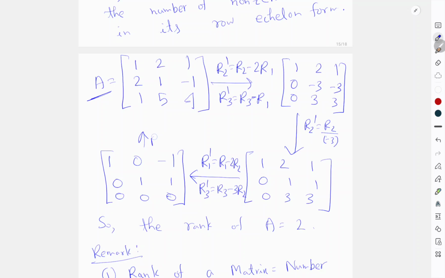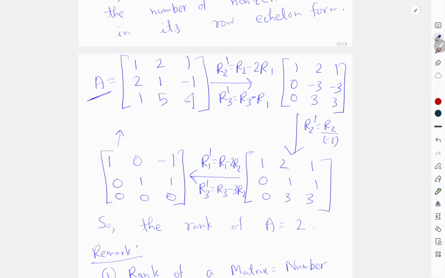If you do further row operations, you will not form the normal form. So basically, first you convert it into its RREF, then you apply the column operation. In this way you can form the normal form.